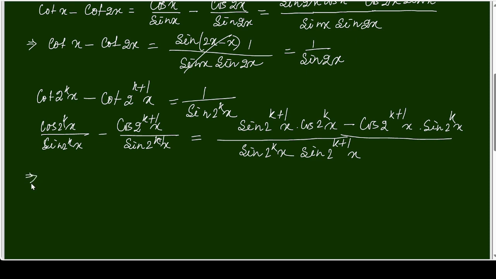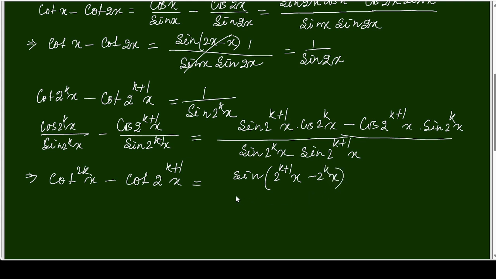The same formula applies: sine of 2 power k plus 1 x minus 2 power kx, divided by sine 2 power kx into sine 2 power k plus 1 x.